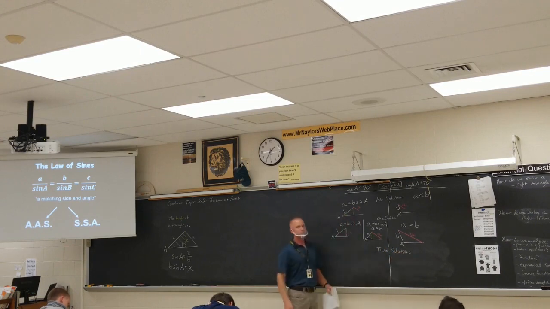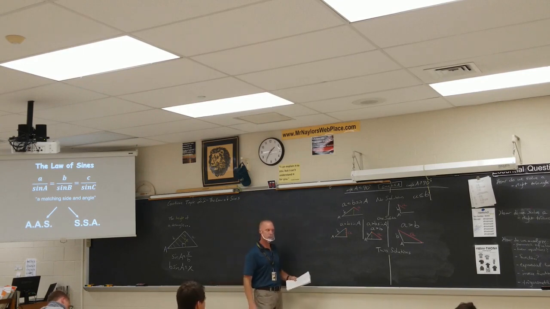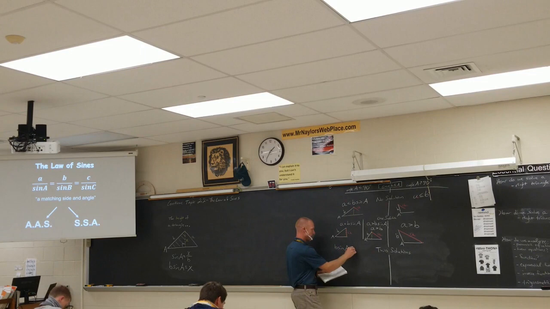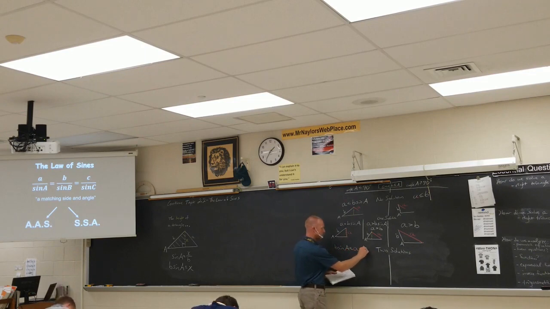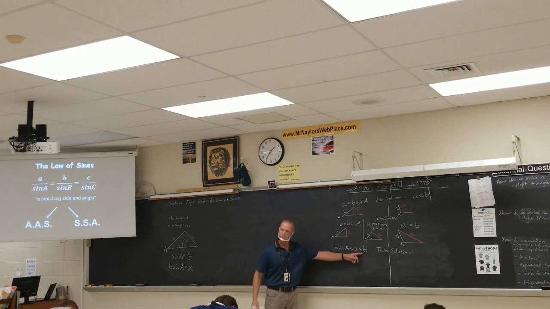Say what? What do you mean two solutions? Well, what I mean is that I could give you a side and an angle, and it actually could create two different triangles. That happens if B sine A is less than A, which is less than B. We usually write that as a compound inequality.